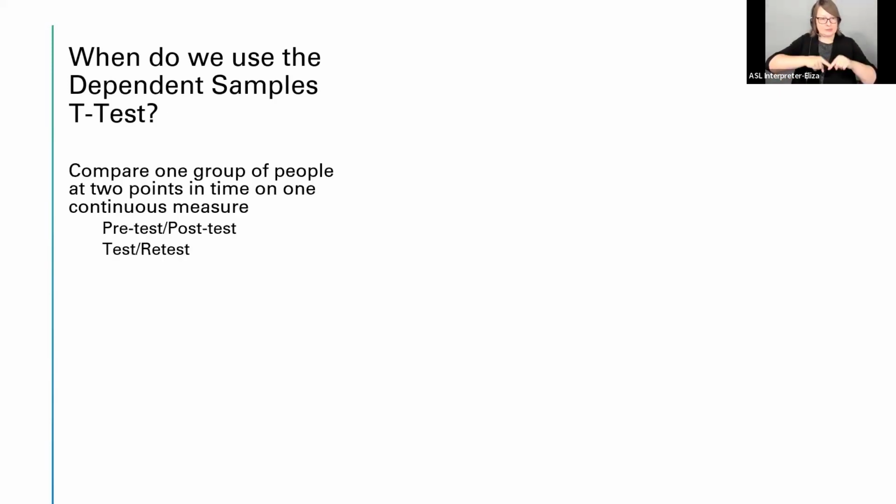So when do we use the dependent samples t-test? And notice I emphasized dependent. We're going to use this test when we want to compare maybe one group of people at more than one point in time. This would be like if I wanted to introduce a reading intervention.